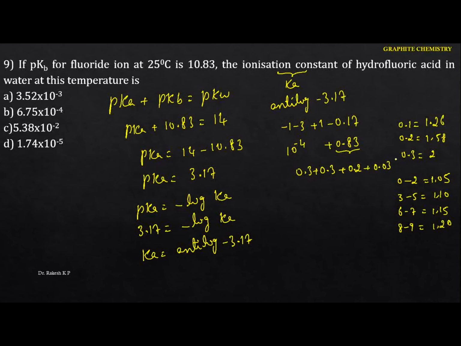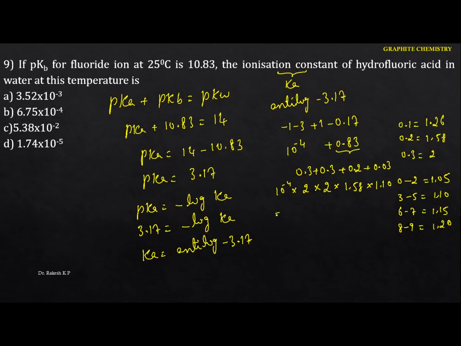For the first decimal, the 0.3 value is 2. Again, 0.3 is 2, 0.2 is 1.58, and here the 0.03 lies between 3 to 5, hence I write 1.10. You have to multiply all these values along with 10 to the power of minus 4.